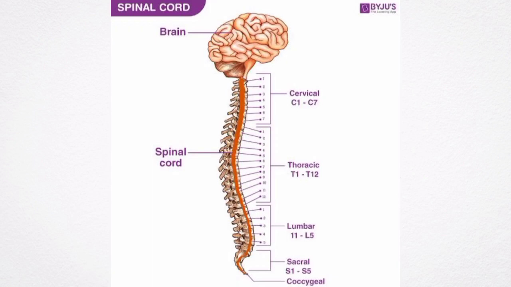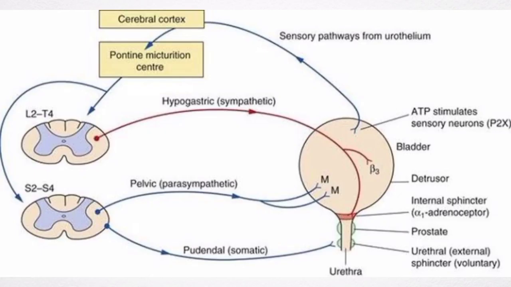Then we have the spinal cord, which has its various segments, like the cervical segment, the thoracic, the lumbar, and the sacral segments. Now, signals from the spinal cord will be sent to the urinary tract via the nerves. Now, let's look at the three important efferent nerve fibers.